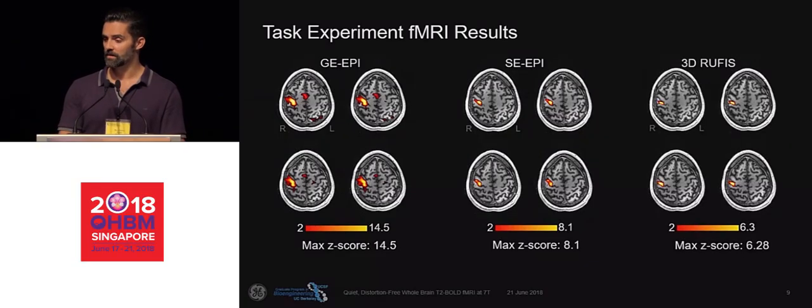And we compare that to the 3D RUFIS results, and we see the 3D RUFIS results are actually very similar to the spin echo EPI as expected. However, the sensitivity is just slightly lower, and we're trying to figure out if it's because the spin echo EPI does have a little bit of T2 star contamination in it from the EPI readout, and the 3D RUFIS is pure T2, or is it because the 3D RUFIS protocol is simply not optimal, and we're just losing some sensitivity there.